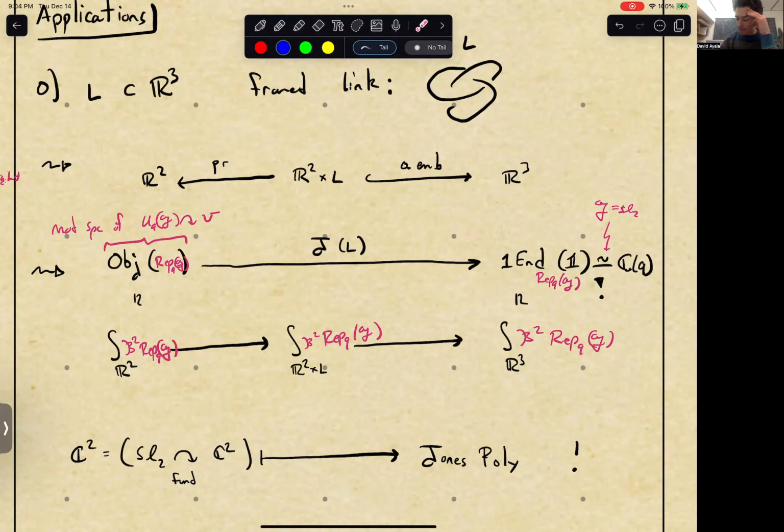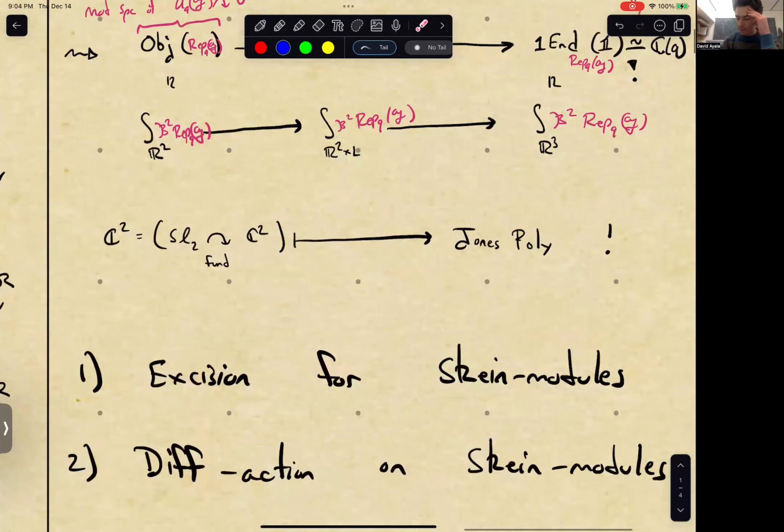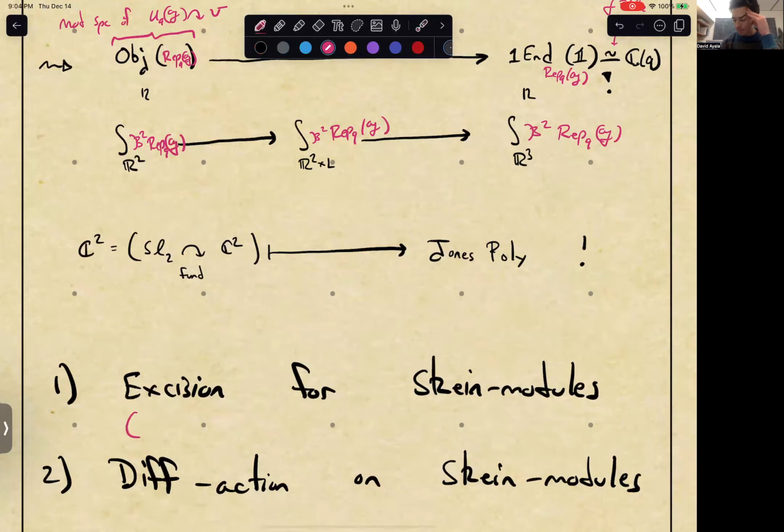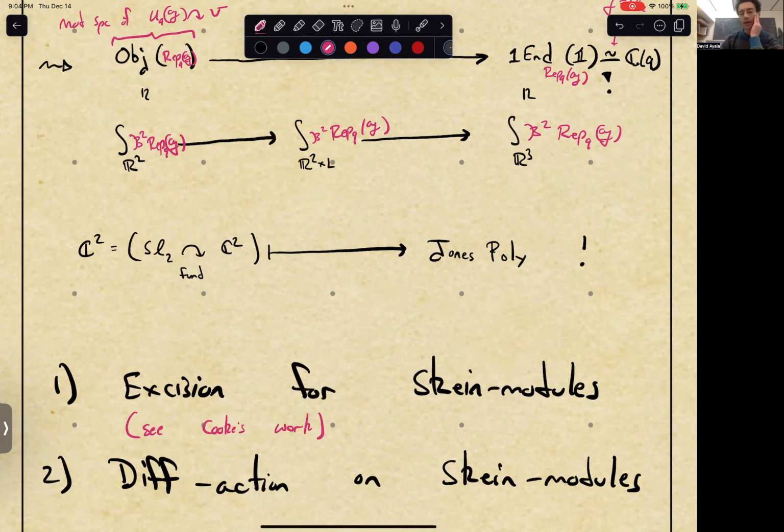Okay, and I'll just mention a couple more things. There's a student of David Jordan, I forget her first name, last name Cook, who has some work on Skein modules that shows essentially you have right exactness of Skein modules, which suggests that excision should be true for Skein modules.